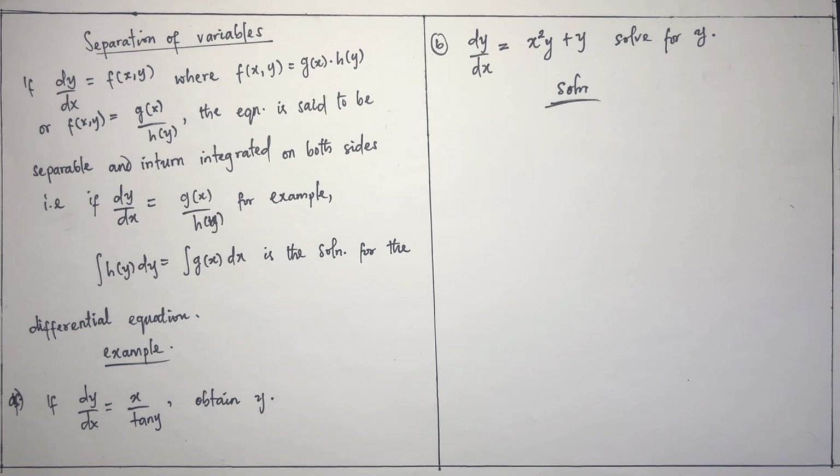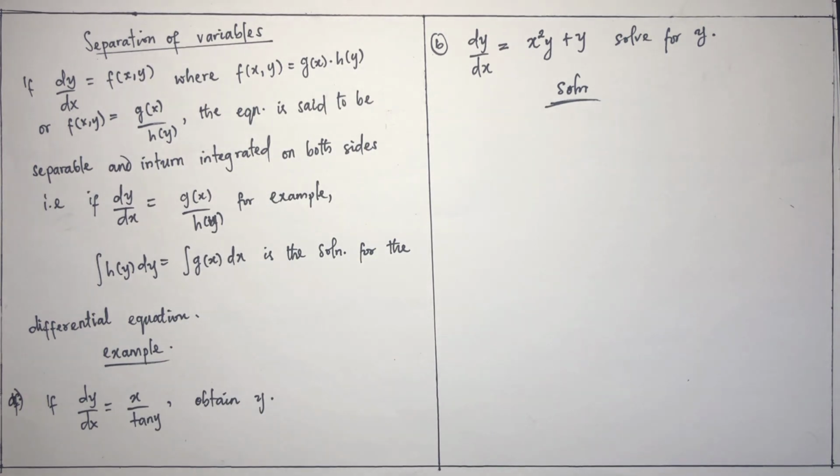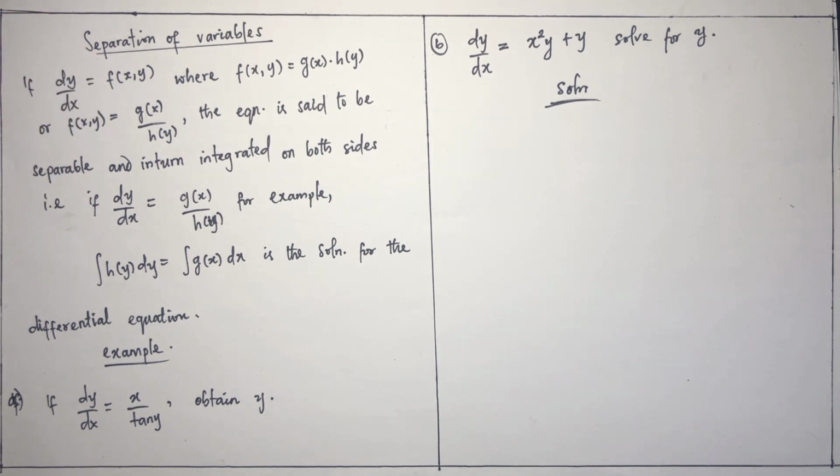Now, if the first derivative of a function, say dy/dx, is equal to a multivariable function f(x,y), where f(x,y) is a product of a function of x, g(x), and h(y), or the quotient of the independent variable function to the dependent variable function, say g(x) over h(y), the equation is said to be separable and is integrated on both sides.